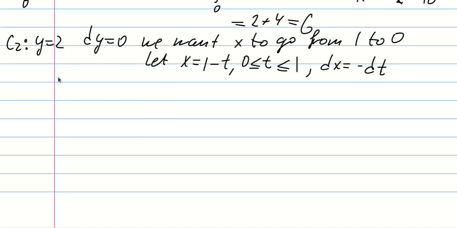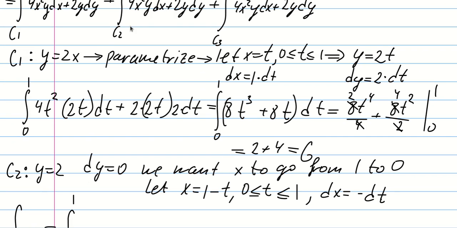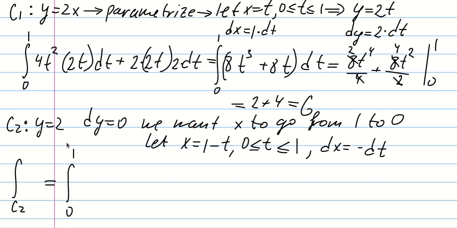Let's try to do the integral over C2. The integral over C2 will be equal to the integral from 0 to 1. So what do we have? We have 4x squared y. So 4x squared is 4 times (1 minus t) squared, times y, which is equal to 2. And we have negative dt for dx.